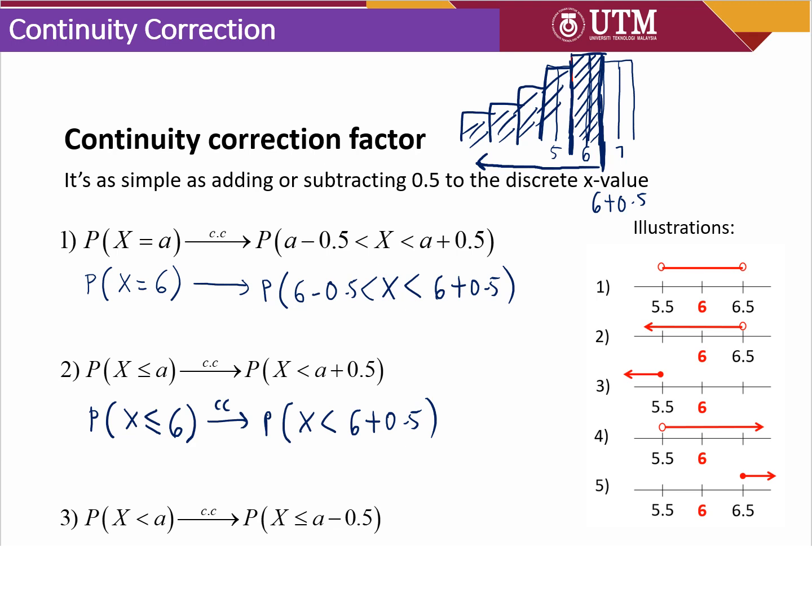Same concept for the probability of x less than 6, so do the continuity correction. For x less than 6, meaning that 6 is not included, but the rest is.